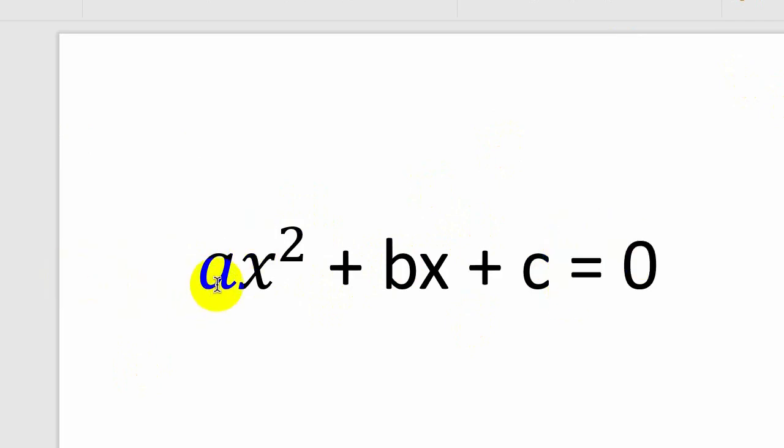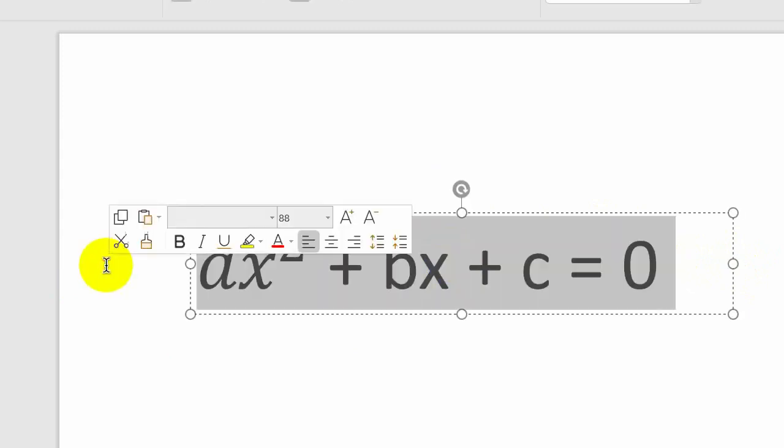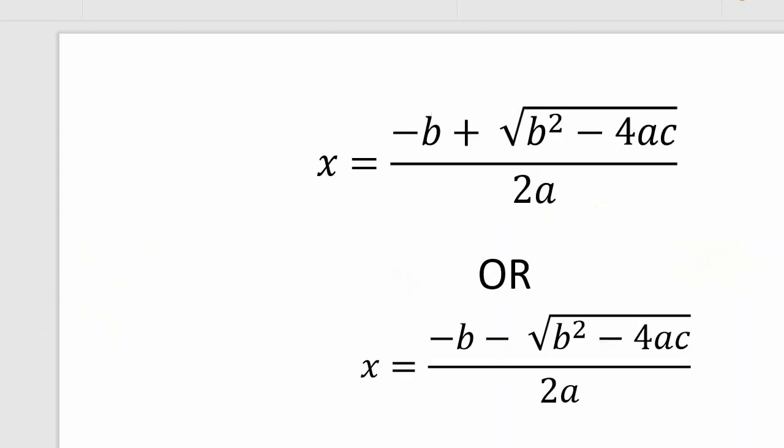Like any number x squared plus b, this b can be any number, x plus c. This is the constant, like the normal number without any x, and it equals 0. Then you find what x could be. Since you understand this format, that's how this formula will be able to be used.